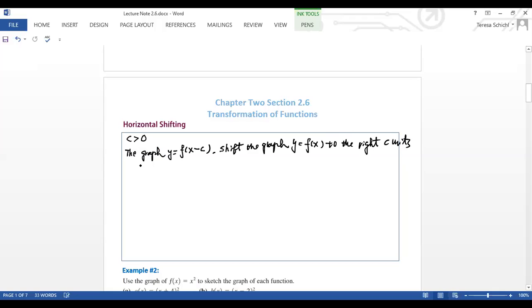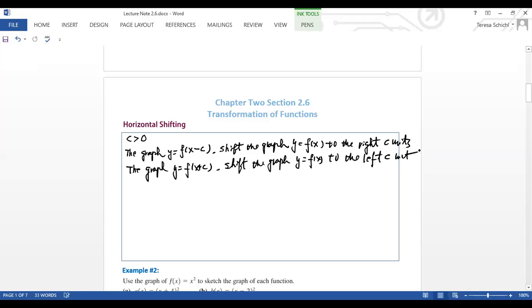Okay, so also we know the graph y equals f of x plus c is a shift of the graph y equals f of x to the left, c units.